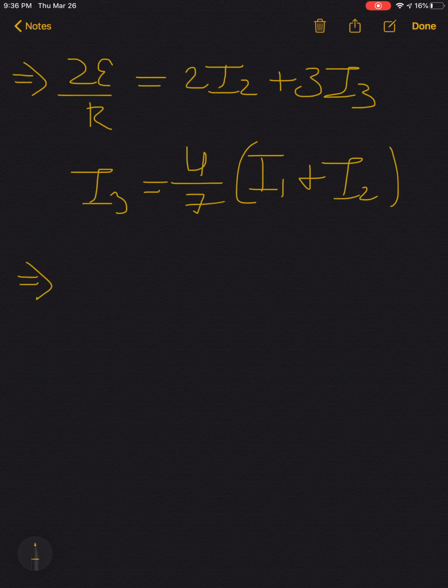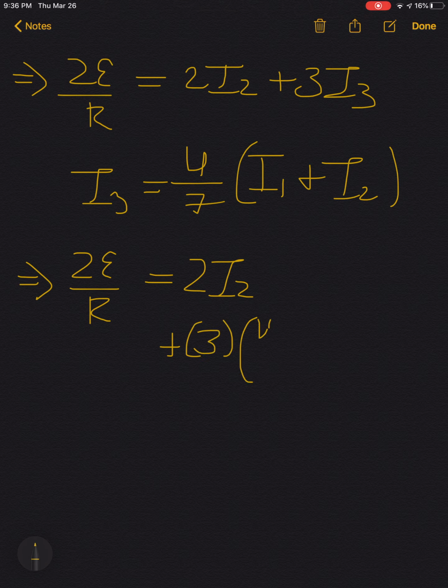So we get that 2E over R is equal to 2I2, and just to give myself a little more breathing room, I'm going to put the extra term down below it. So this is 3 parentheses times 4 over 7 times I1 plus I2.